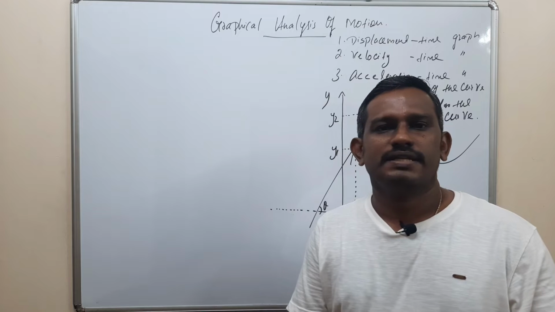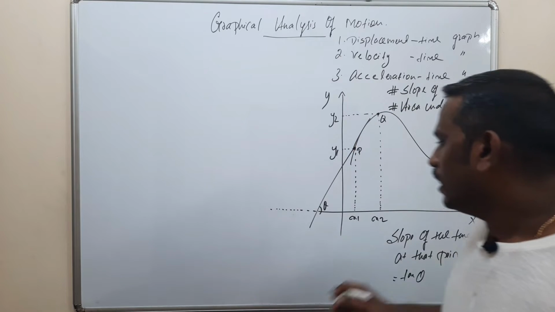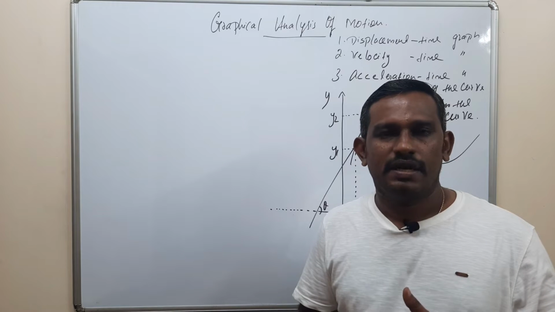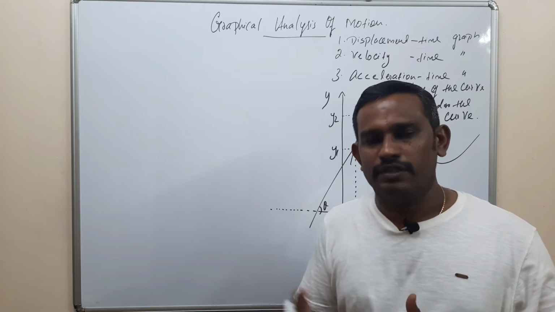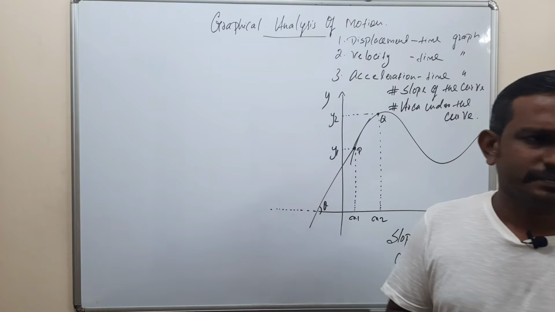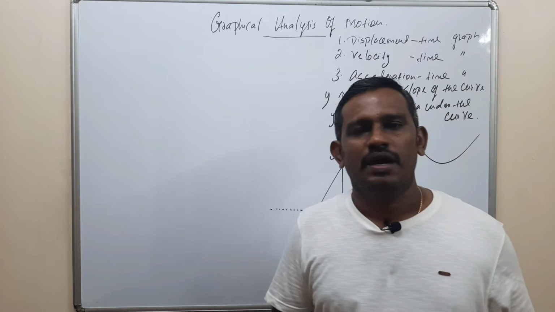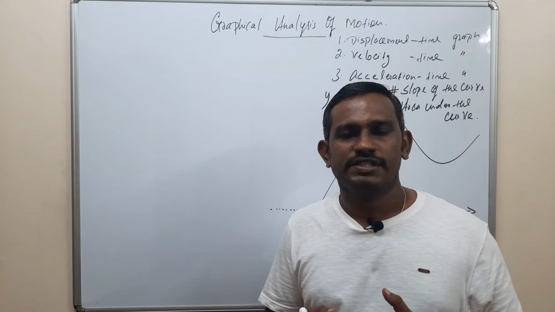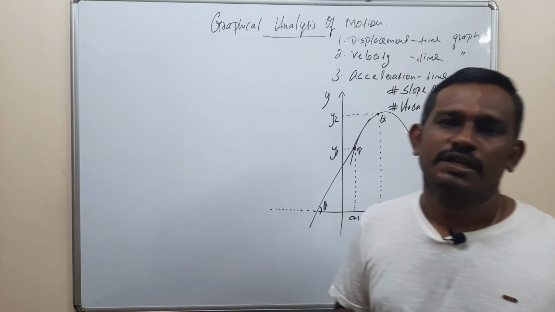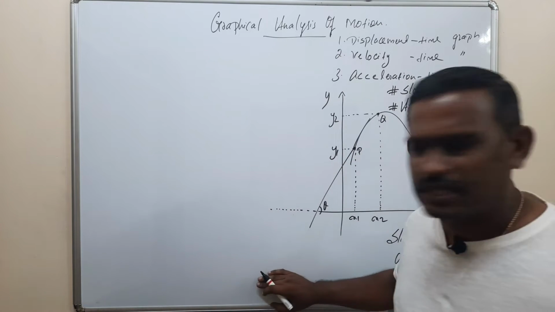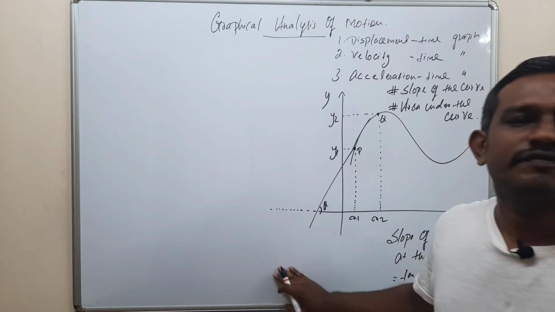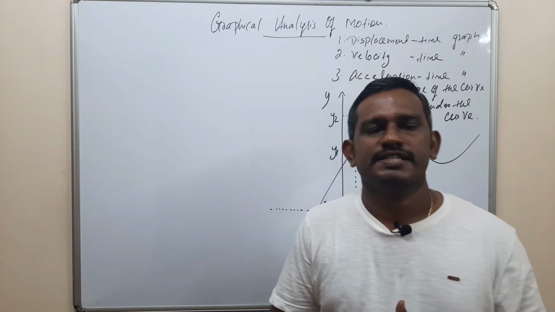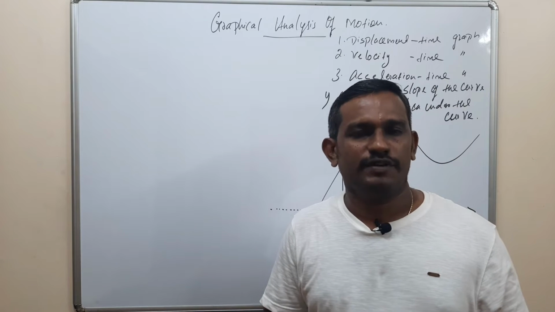My dear students, if you want to thoroughly understand this topic, that is what is function, how to draw a curve for the function, what is slope of the curve, what is positive slope, what is negative slope, what is the maxima of a function, and what is the minima of a function. Such things if you want to clearly understand, in Physics 2020 there is a playlist called Mathematical Support for Physics.